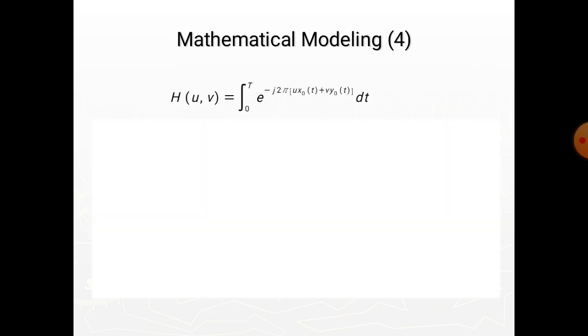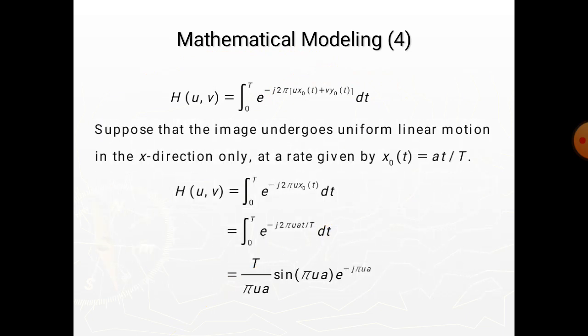As an illustration, suppose that the image in question undergoes uniform linear motion in the x direction only, at a rate given by x0(t) equal to at upon T, when t is equal to T. So the image has been displaced by the total distance a, with y0(t) equal to 0. The equation will be H(u,v) equal to the integral from 0 to T of e raised to minus j 2 pi (u x0(t) plus v y0(t)) dt.